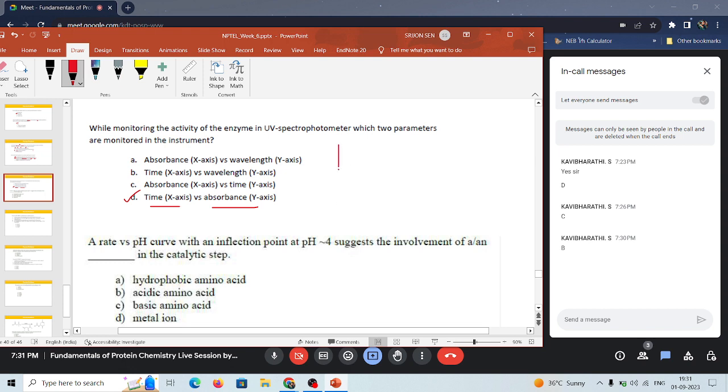So here we have a graph. We have absorbance and we have time, and then with this you might be getting a graph like this and like this. Okay, so that will be your absorbance.